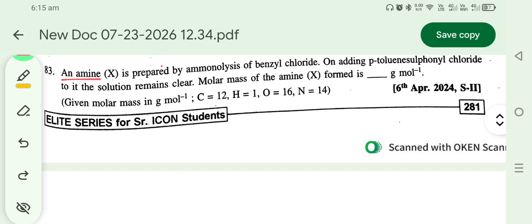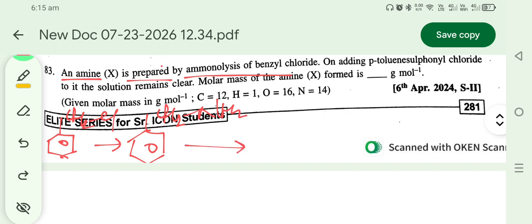An amine is prepared by ammonolysis of benzyl chloride. So benzyl chloride on ammonolysis gives benzyl amine. This benzyl amine reacts with para-toluene sulfonyl chloride, and it is a primary amine.